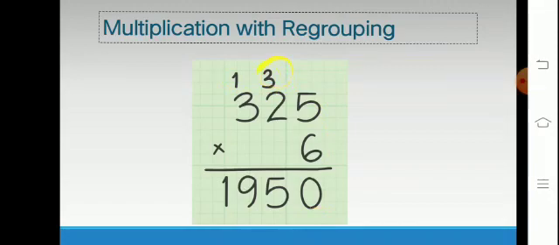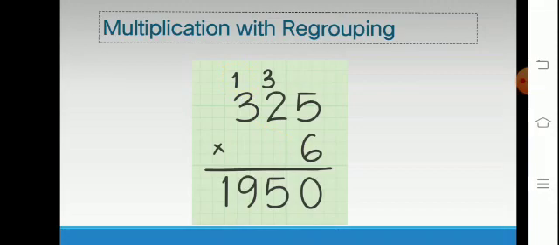Write 3 over here. Now multiply 6 with 2, it's 12. 12 plus 3, it's 15. Write 5 here and again 1 carrying over to 3. Now multiply 6 with 3, it's 18. 18 plus 1 is 19. Write 19 here.